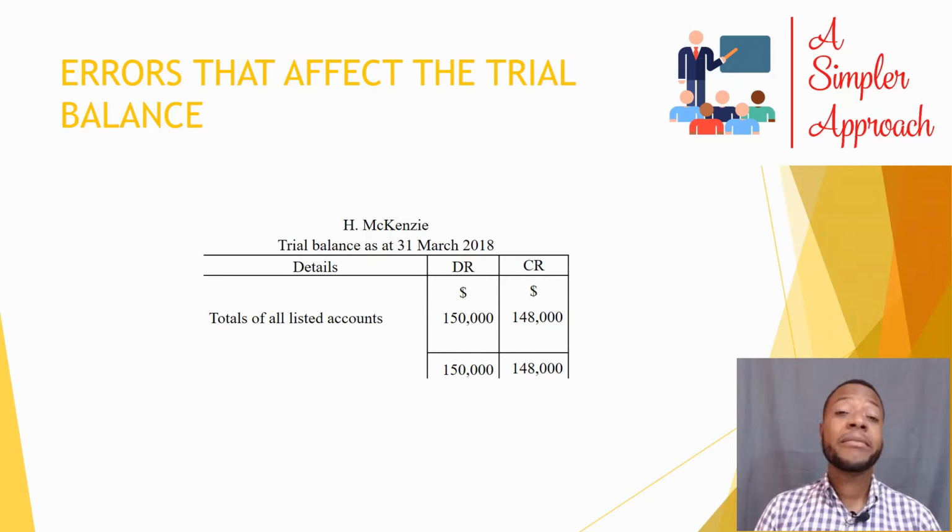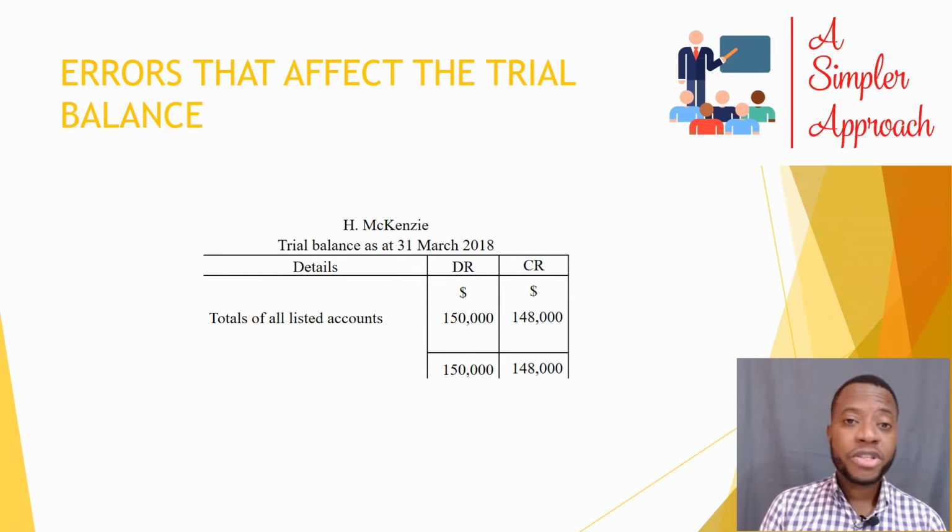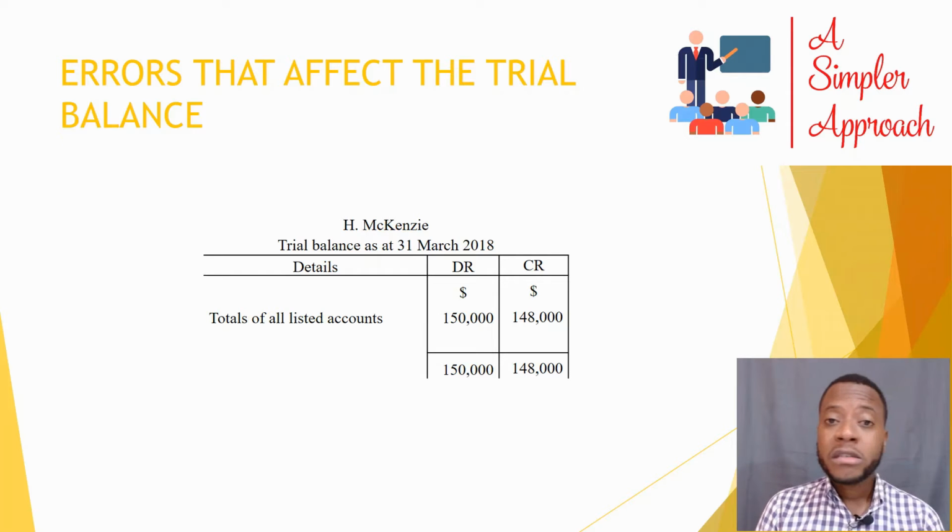We're looking at a trial balance that is not balanced. When we say totals of all listed accounts, we mean all the balances of the T accounts that you would find. Visualize it in your mind: capital, sales, purchases, debtors, creditors, fixed assets specifically. When they all come together on the debit side, we have 150,000.